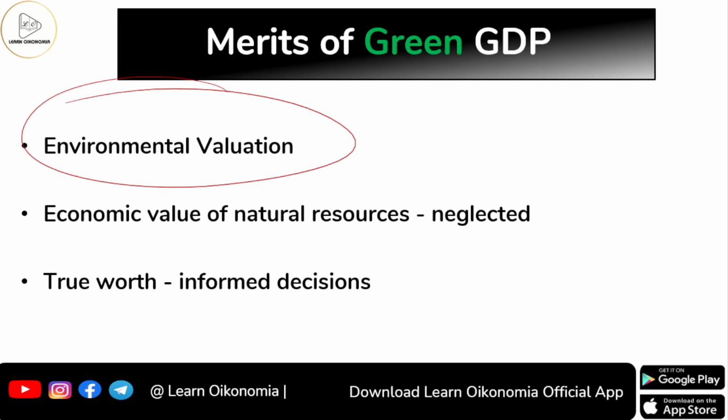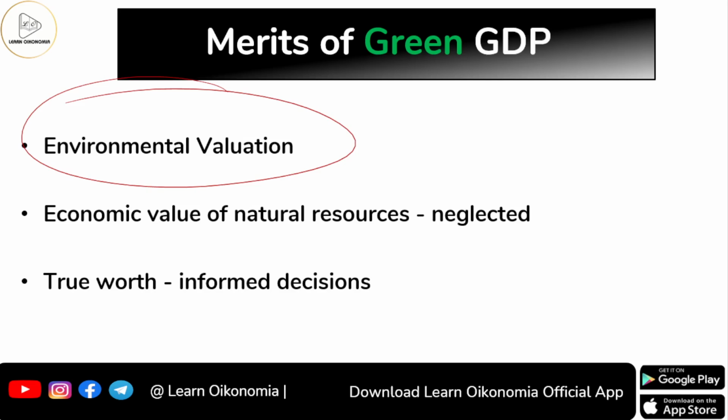But green GDP is again an advanced measure that can be taken into consideration for measuring environmental degradation. Definitely, that is something that could be understood when we go for green GDP.